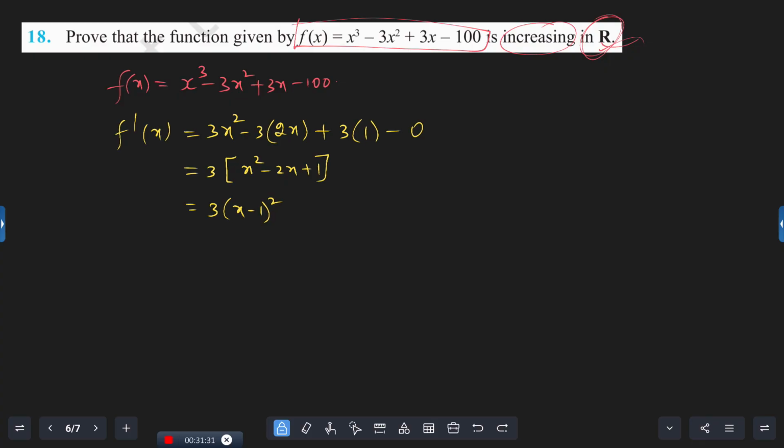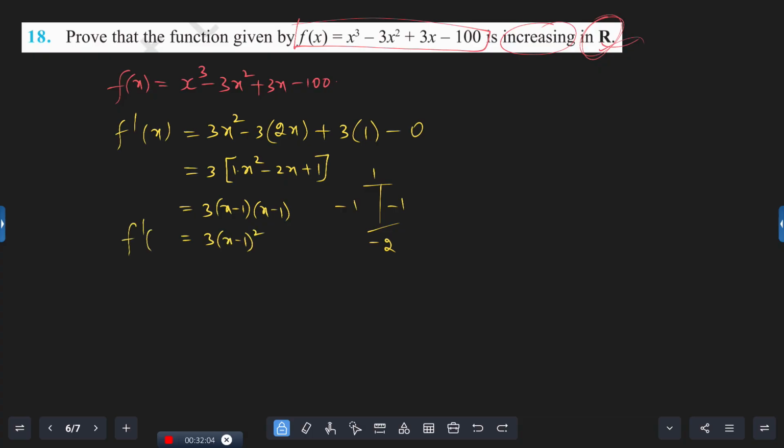If you don't know the formula, you take I factorization: coefficient of x square is 1, coefficient of x is minus 2, the ones are 1 and 1, minus into minus plus 1, when you add both you will get minus 2. If you do I factorization, not an issue. 3 into x minus 1, again x minus 1, x minus 1 coming twice. So you can say this is 3 into x minus 1 whole square.